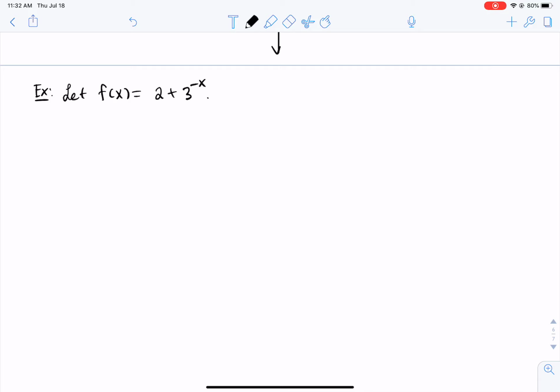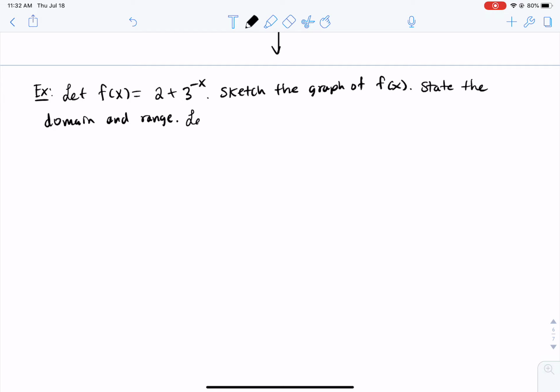And I'm going to ask you to sketch the graph of f of x, state the domain and the range, and also label all intercepts and horizontal asymptote.